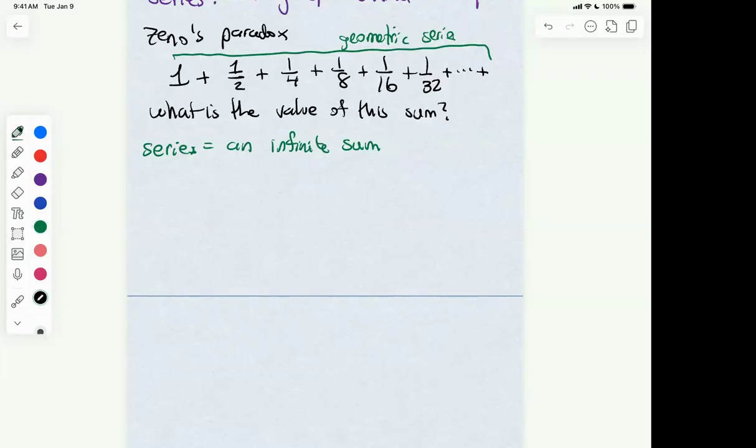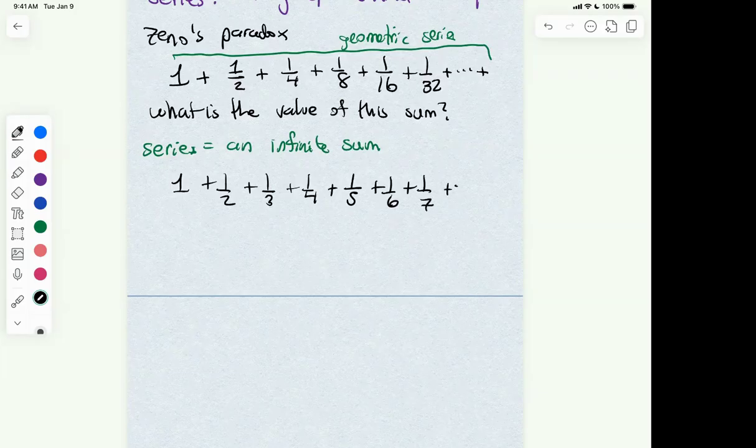If I do 1 + 1/2 + 1/3 + 1/4 + 1/5 + 1/6 + 1/7. By the way, hopefully it is clear that there's a sequence hidden in the picture, because there's a sequence that you can use to tell me what these elements are, right?